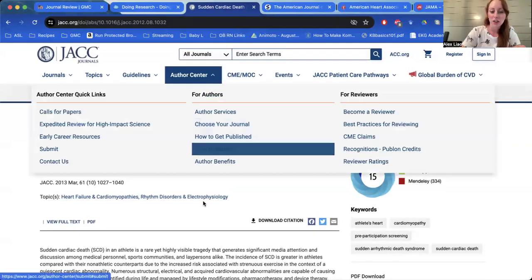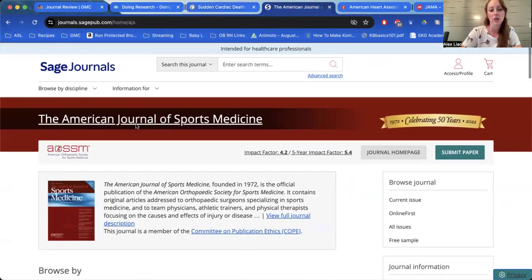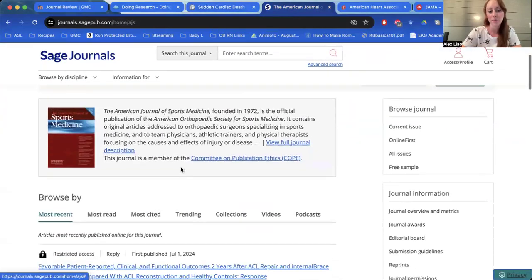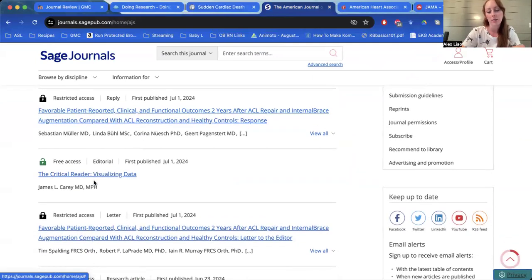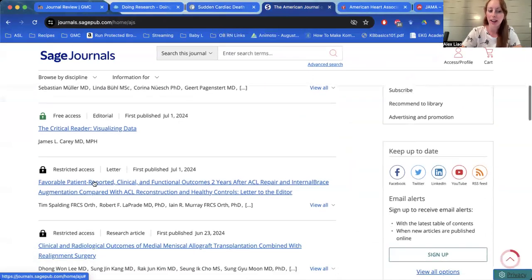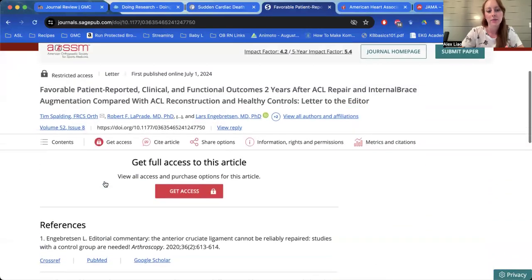Other journals that I also really love: you can Google the American Journal of Sports Medicine. When you Google that, go to their homepage, and you can see the articles they're producing. You may not have access to actually read the articles. Sometimes you might, if GMC has subscribed or has them within their network, but you can at least click on the information and get an idea.